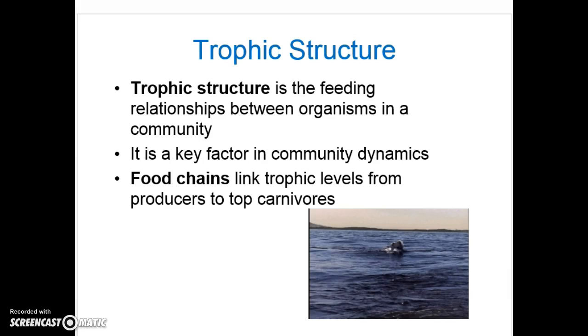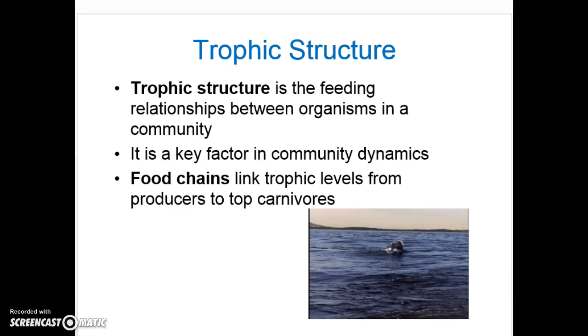So let's see, moving on here. The other part of evaluating the structure of a community is looking at the feeding relationships. We call that the trophic structure between organisms in the community.